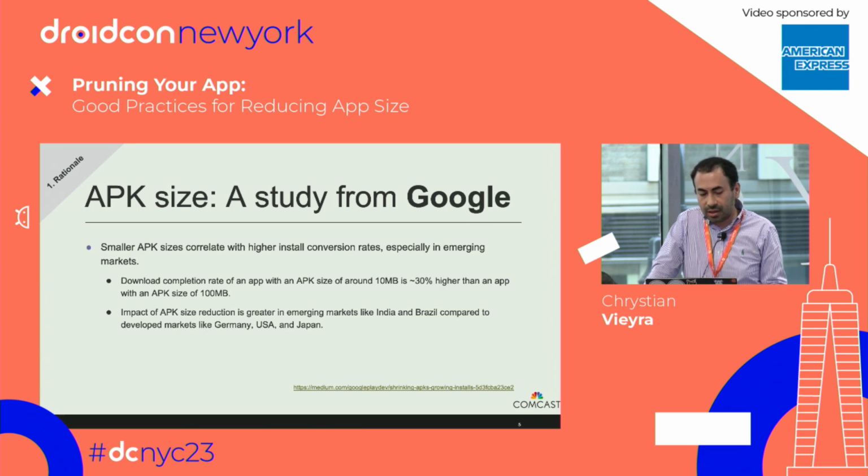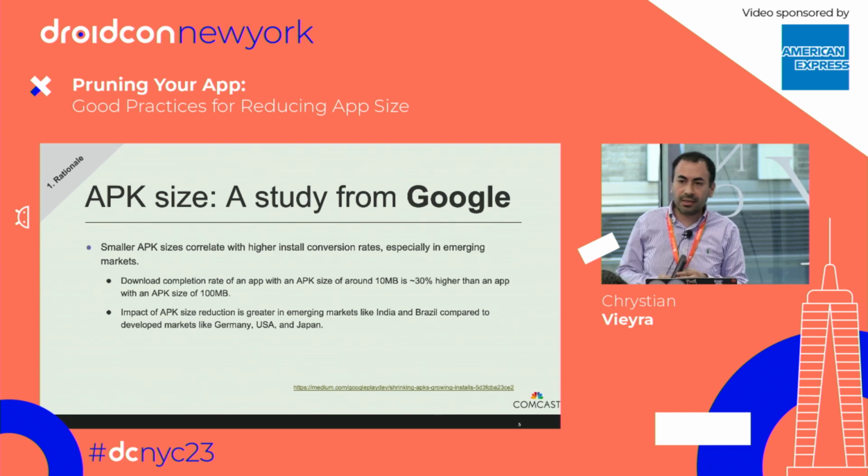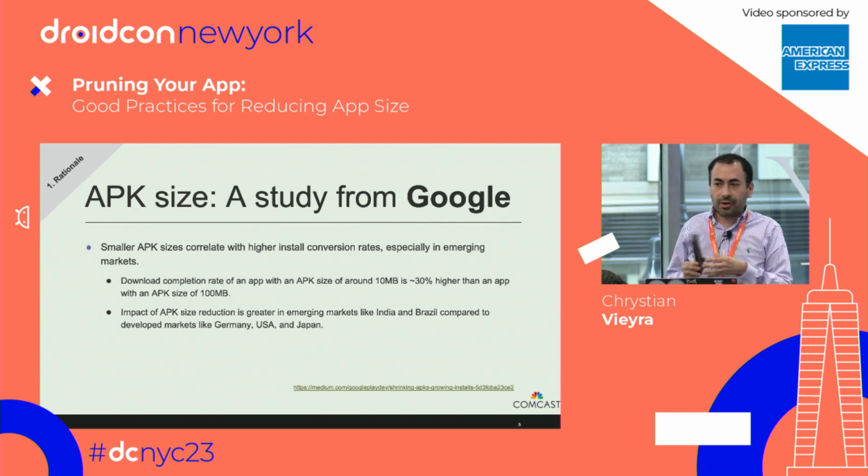They also found, interestingly, that the reduction in downloads is very correlated with the market. So for instance, here in the United States, I have a device with 512 gigabytes of storage, a foldable device. A lot of people around the world have much smaller storage sizes, right?